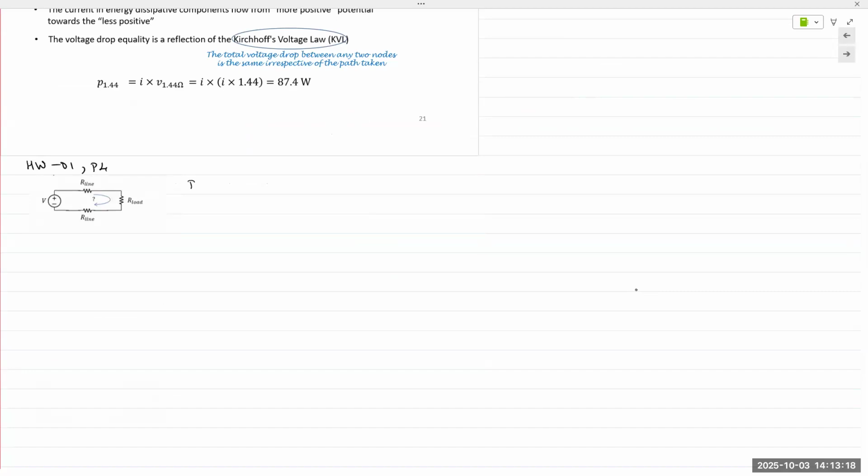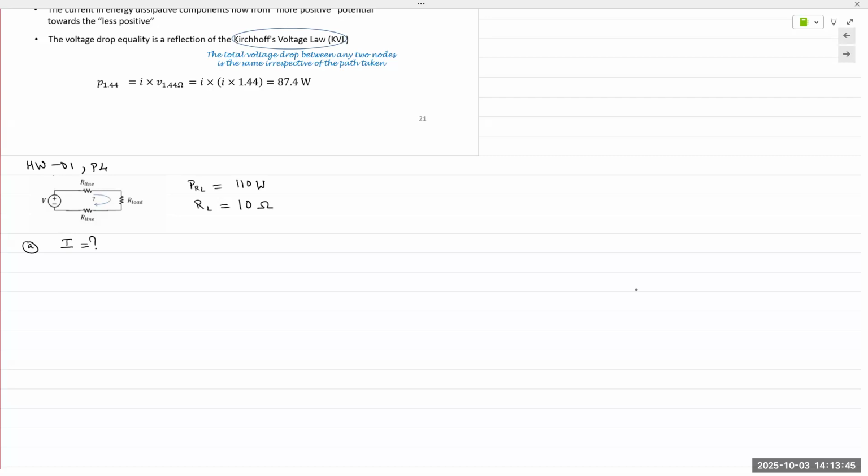What we are given is that the power in the load, PRL, is 110 watts. RL is 10 ohms. We are asked to find I. Right? Power is given to us, and we are asked to find I.